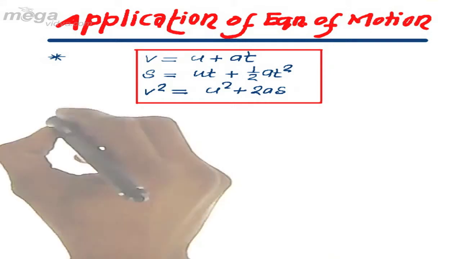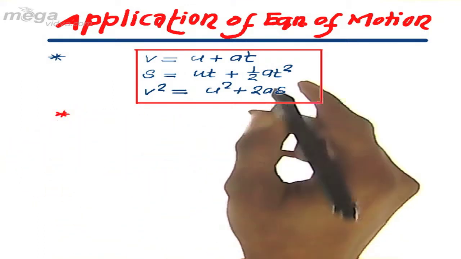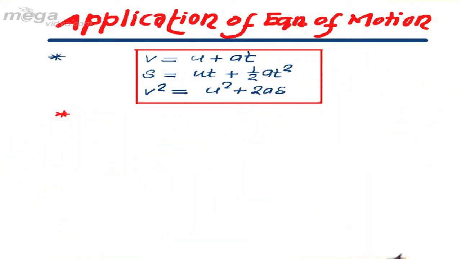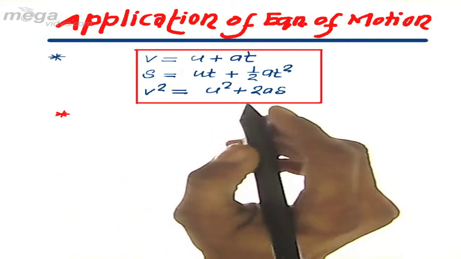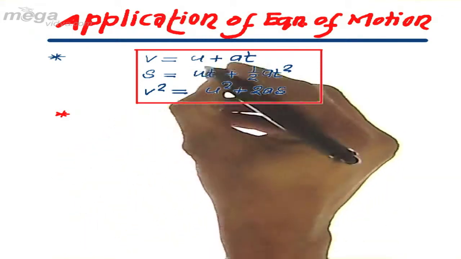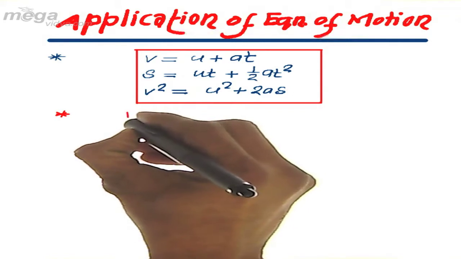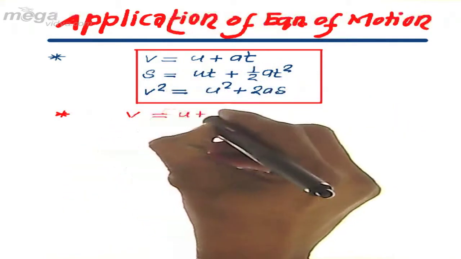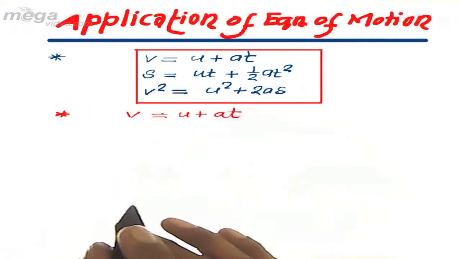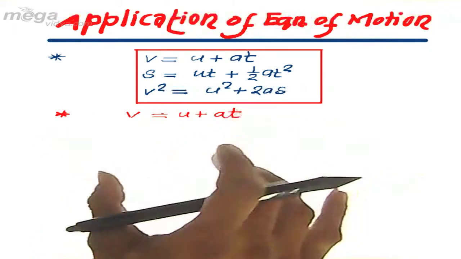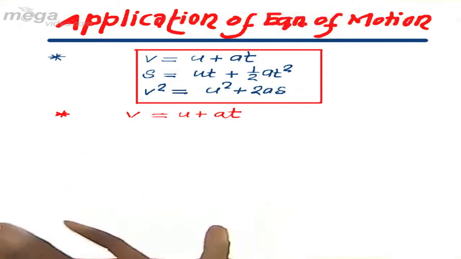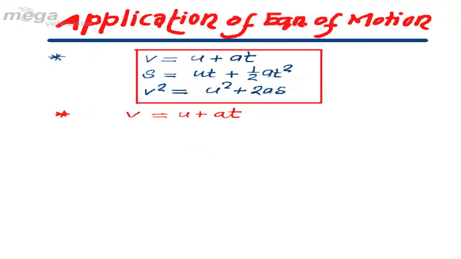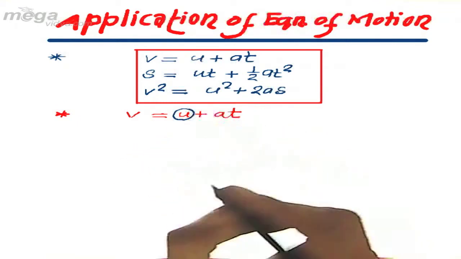I am taking the first step towards using these equations in modified problems. If we talk about the first equation, v equal to u plus at, and try to find the basic idea of this equation, then obviously u is the initial velocity of the particle.